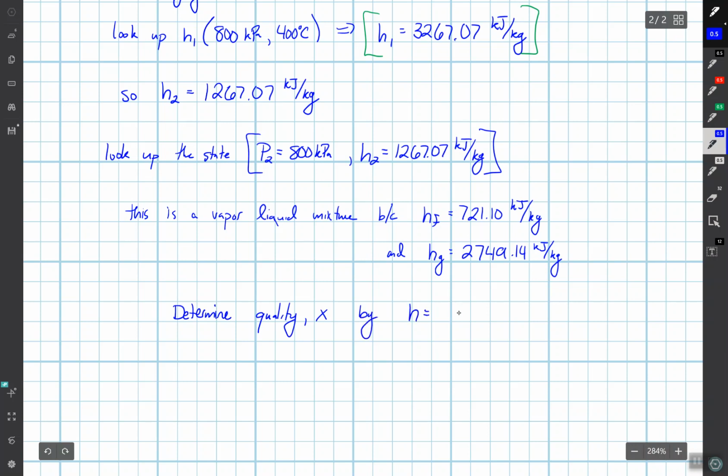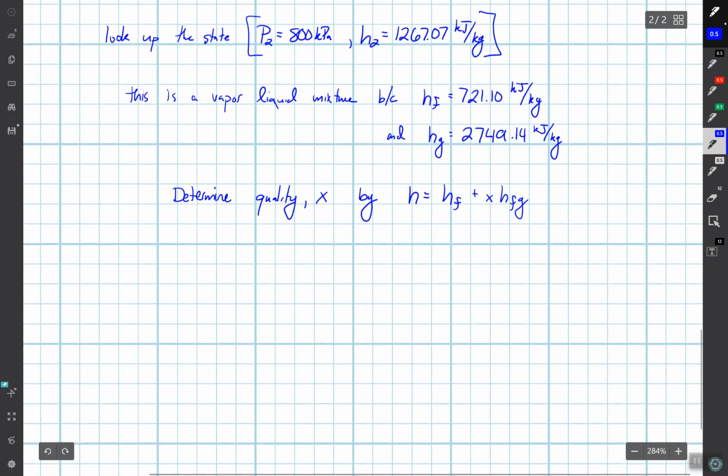By this equation here, H equals Hf plus X Hfg. So we're going to use the same equation that we used before.